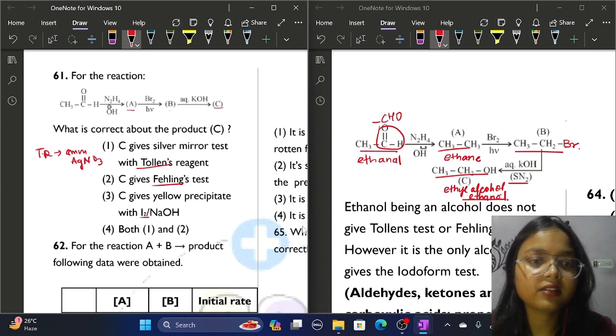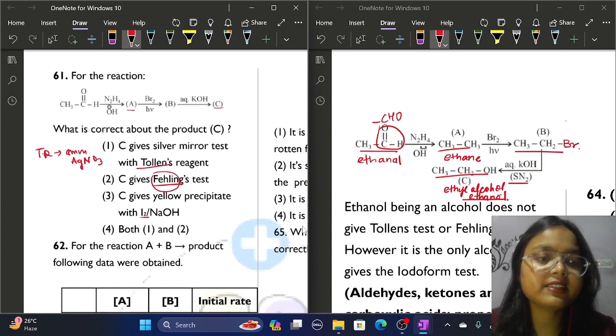And then Fehling's test mainly consists of two reagents, A and B. A is aqueous copper sulfate and B is sodium potassium tartrate, right?